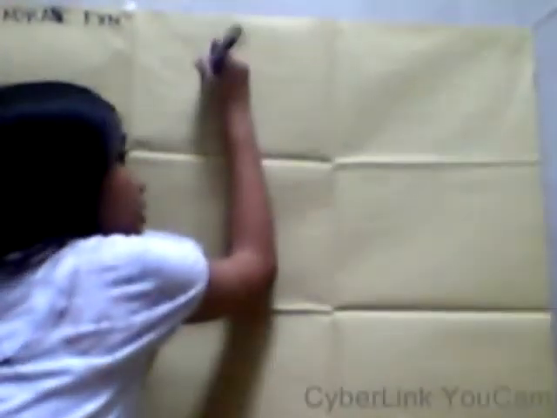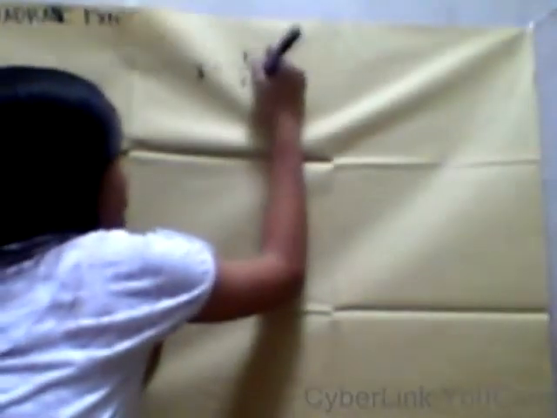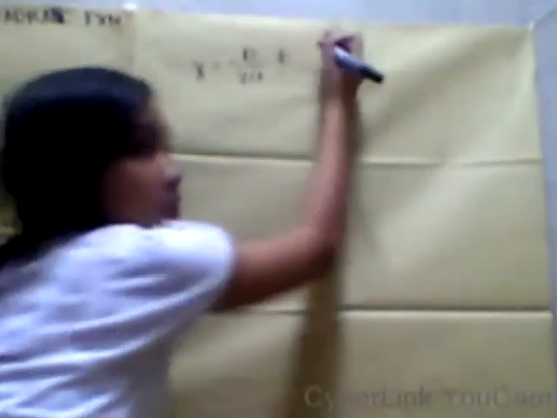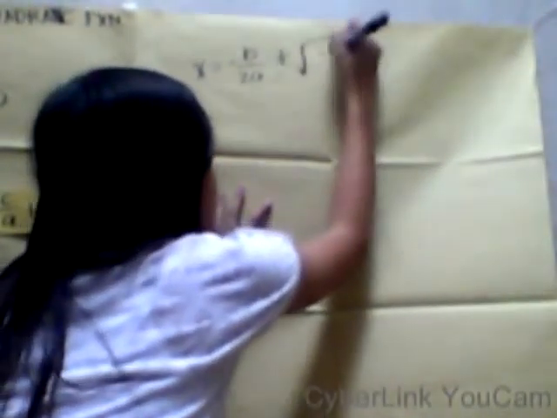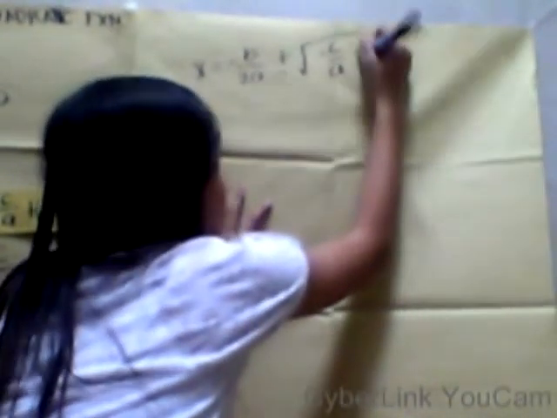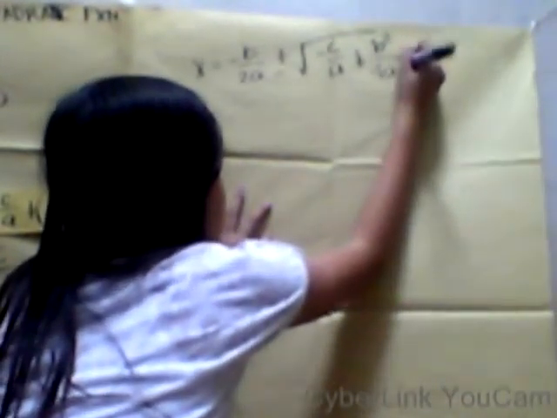Solving for x and simplifying, we have x is equal to negative b over 2a plus or minus the square root of negative c over a plus b squared over 4a squared.